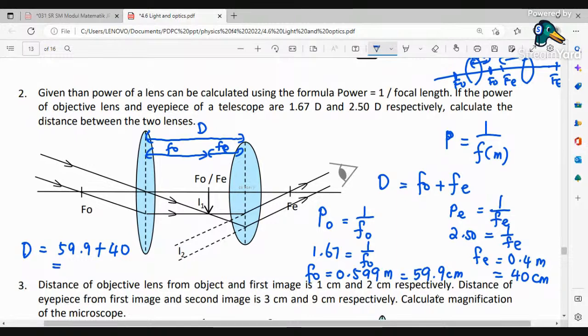Okay, so you will get 99.9 cm. Kalau dia nak dalam SI unit, you tak perlu convert lah. You just add 0.599 plus 0.4.